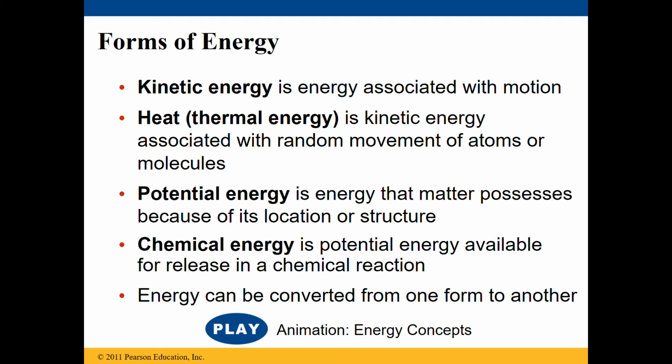We can convert energy from one form to another, and that's really important for life. In photosynthesis, you convert light energy into chemical energy, and then we can use that chemical energy to generate kinetic energy, so that we can move, or to generate thermal energy to maintain our body temperature.